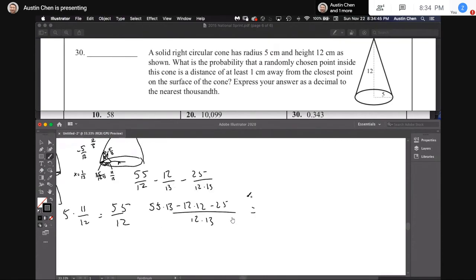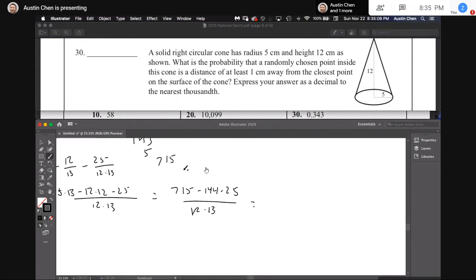Okay, this will be 55 times 13. So that's just 143 times 5, which is just 715. So it's going to be 715 minus 144 minus 25/12 times 13.